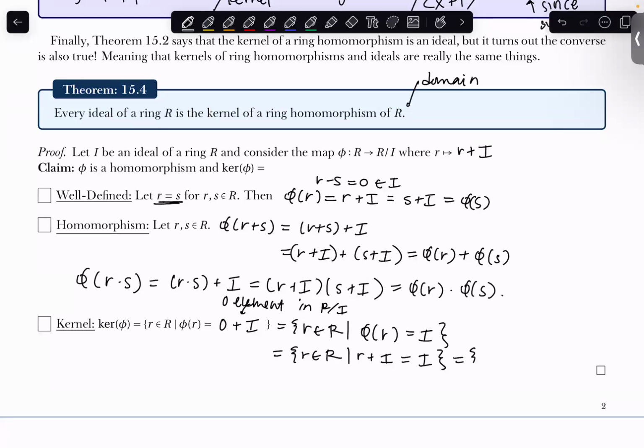So this is the same as saying the things in R so that r minus 0 lands in I, but r minus 0 is just r. So all the things in the ring that are in the ideal, but because the ideal is a subset of the ring, it's going to give you the whole ideal back out.